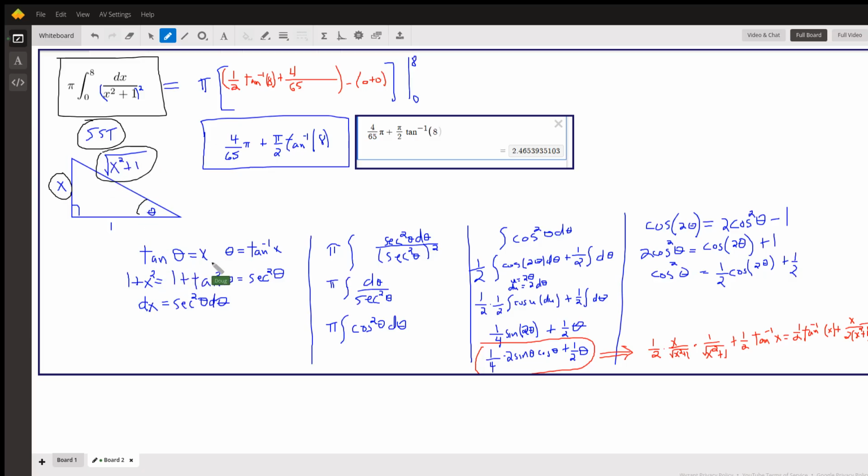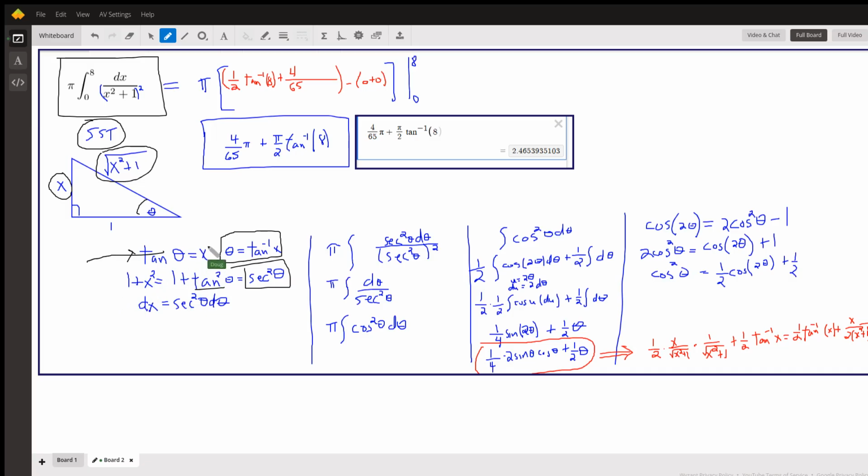If the tangent of theta is x, then theta is equal to inverse tangent of x, or arctan x. That means 1 plus x squared is 1 plus tangent squared, replacing the x with tangent, and that's secant squared. And dx is the derivative of tangent, so secant squared theta d theta.